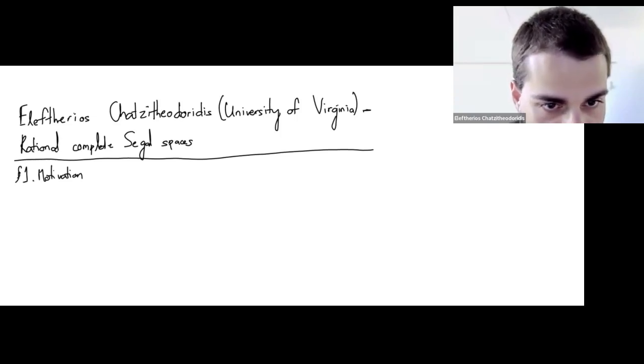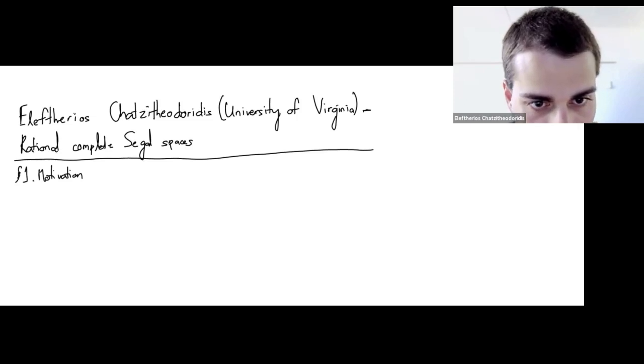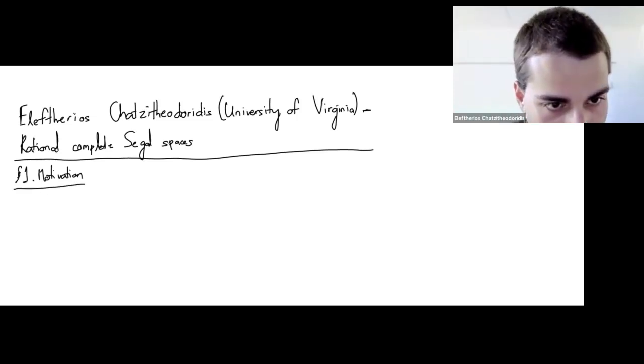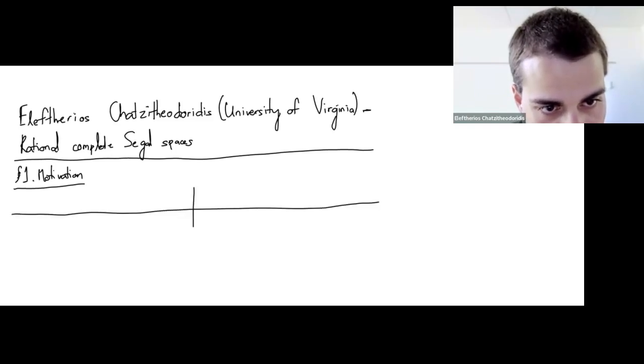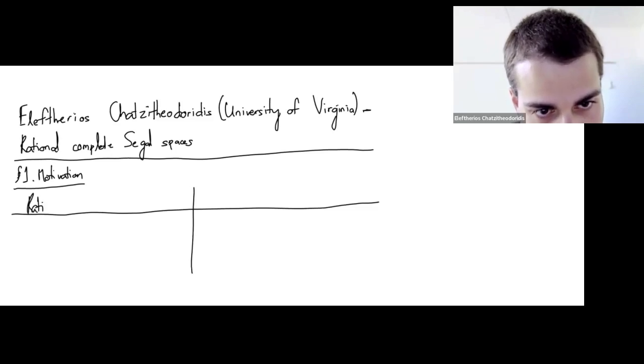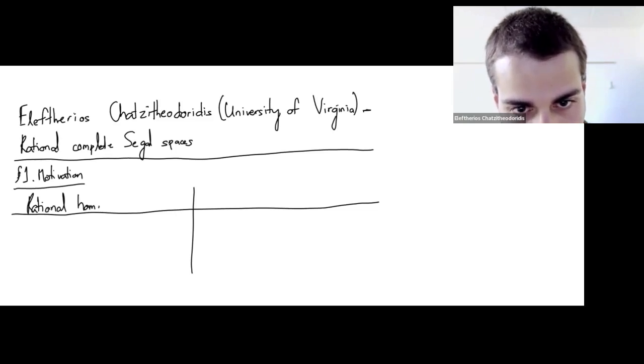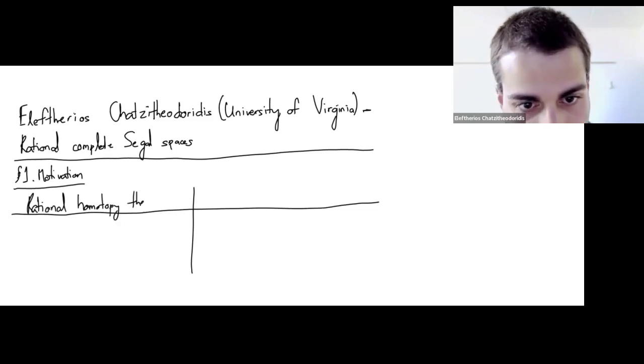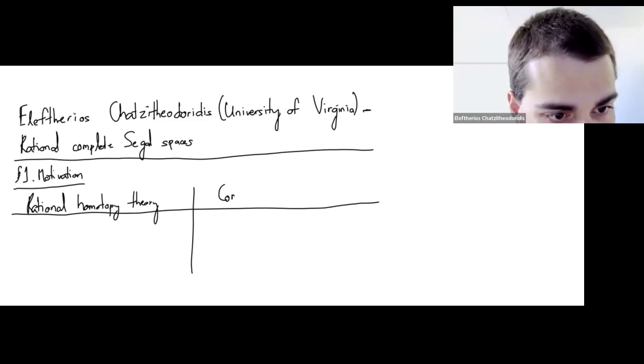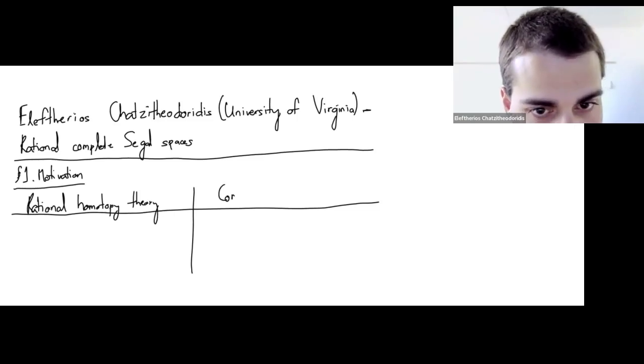So motivation, I usually do this kind of small table where the adjective rational refers to rational homotopy theory. And the complete Segal spaces, they are a way to model and understand categories up to homotopy.